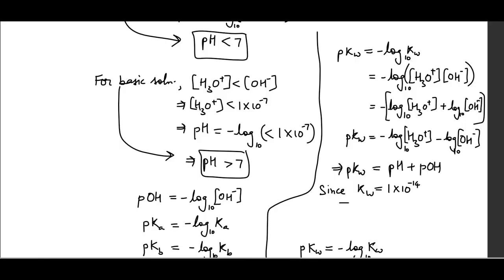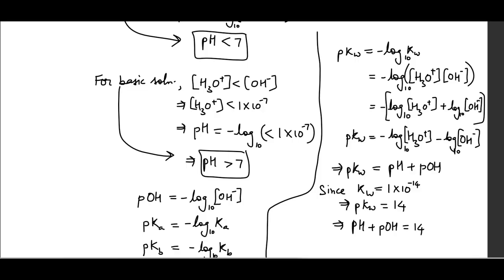That implies pKw is negative log of this figure to the base 10, which is nothing but 14. Correct? So we can continue with this: pH plus pOH is equal to 14, and that is why if we know pH, we can also find out pOH.